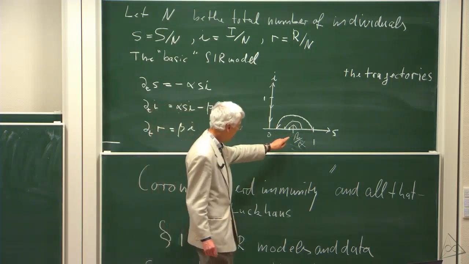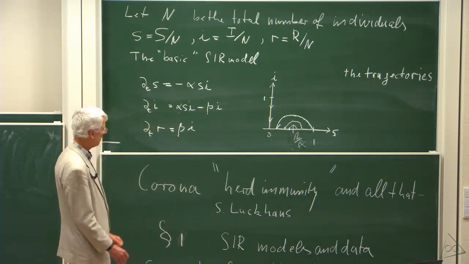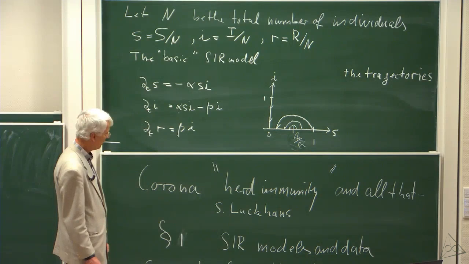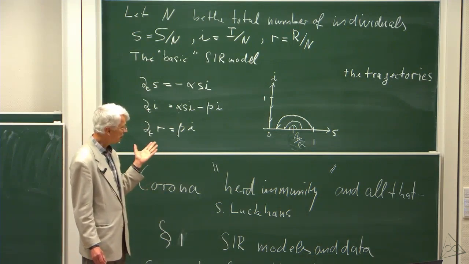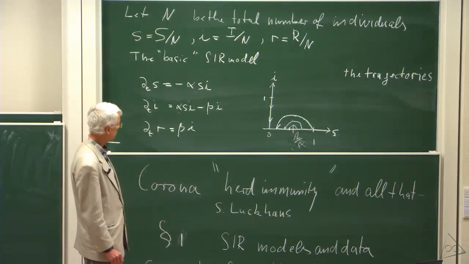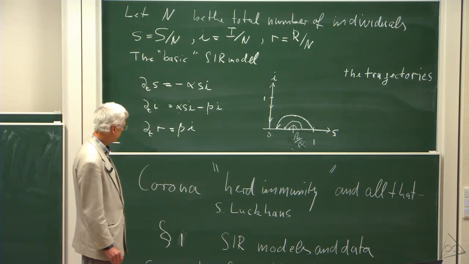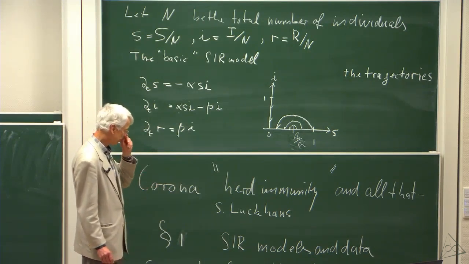If it is not, the epidemic can start again at any time. And that is the basic result of these very simple equations, the simplest or basic SIR model.